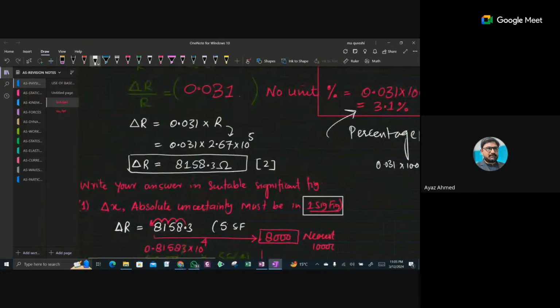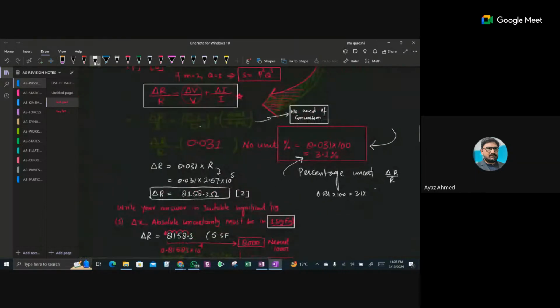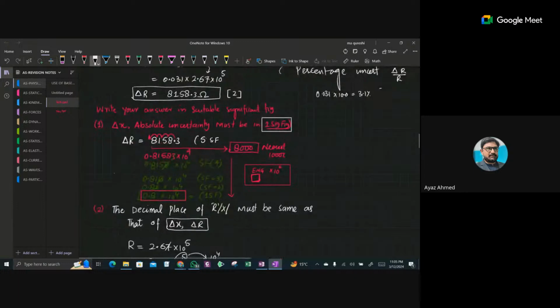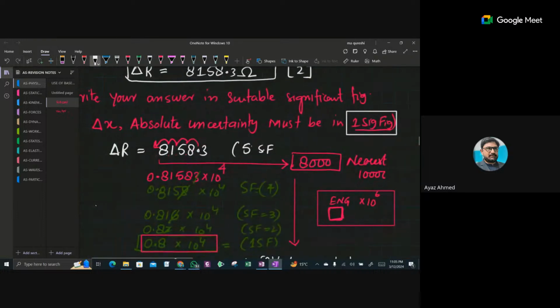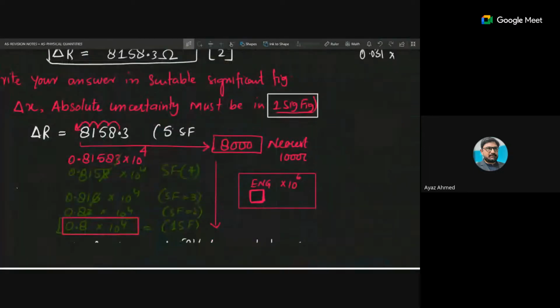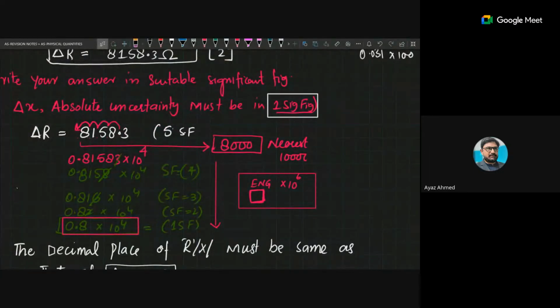So come on, here is your final calculation, that is for the last 2 marks. Write your answer in a suitable significant figure. First, you have to write delta x, the absolute uncertainty, in one significant figure. There is a thumb rule: one significant figure, not more than that. So delta r, here we have five significant figures, so I have to round it off.